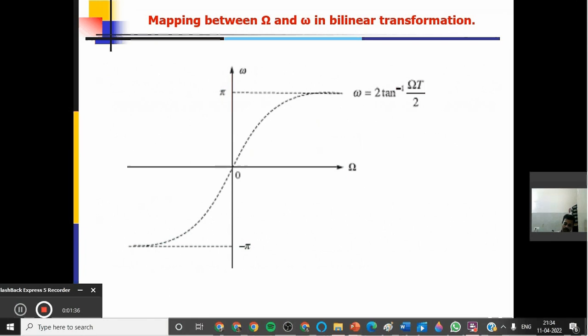So in order to prevent this frequency warping, we are going for pre-warping. In IIR digital filter design using bilinear transformation, the conversion of the specified digital frequencies to analog frequencies is called pre-warping. The pre-warping is necessary to eliminate the effect of warping on amplitude response.